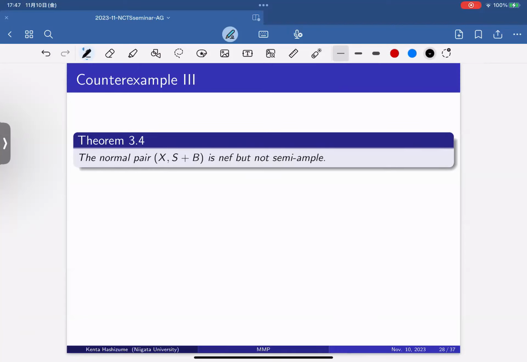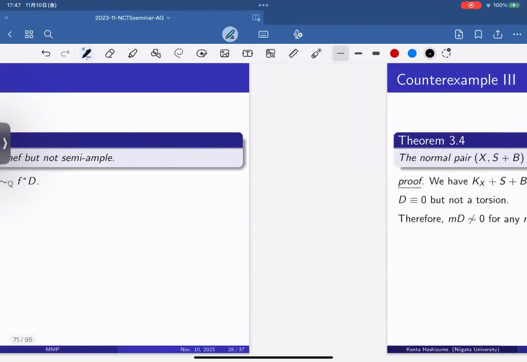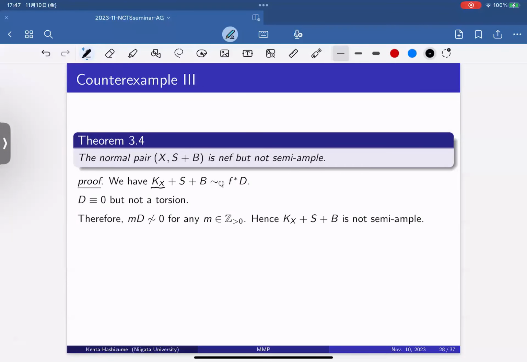Finally, the counterexample to the third statement, the abundance conjecture, is the pair. Okay, by construction, we have this relation.